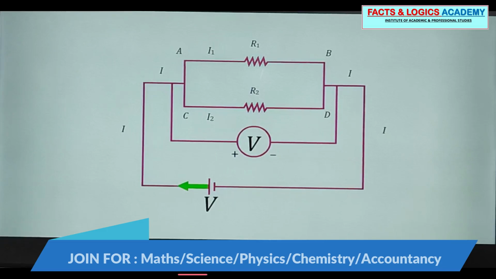The charge that flows from the source, that is, the battery, splits and flows out partly through R1 and partly through R2. I is the rate of flow from the source, that is, the battery.